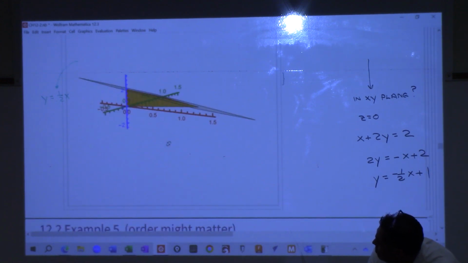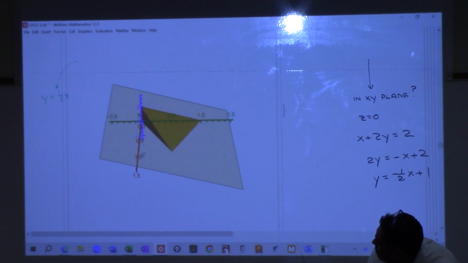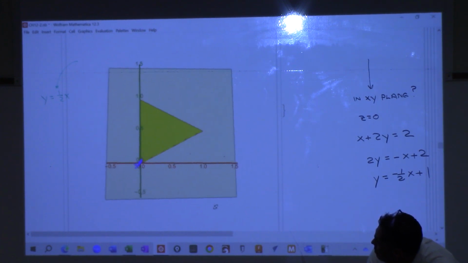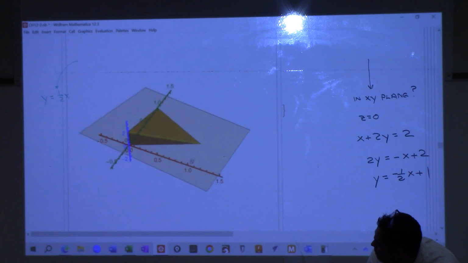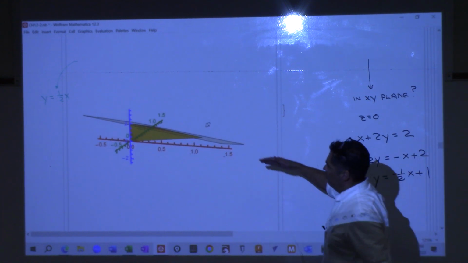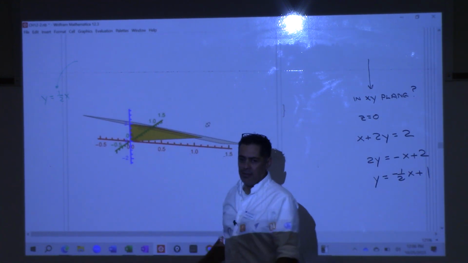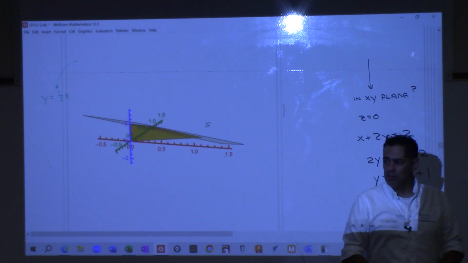I'll leave that plane in there just a little bit. You can see here there was that region in two-dimensional space. Then we had our plane coming through like this. And so we want the volume below this plane down to that domain on the ground.